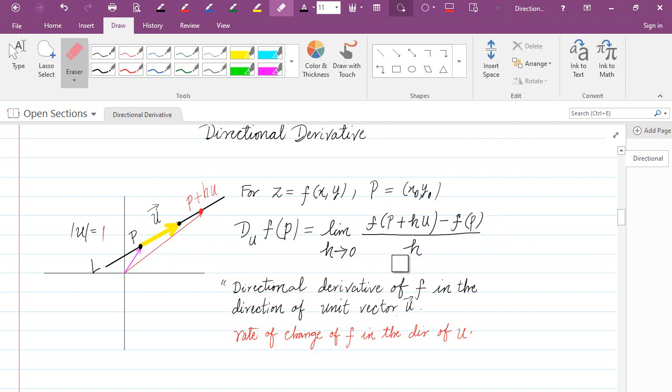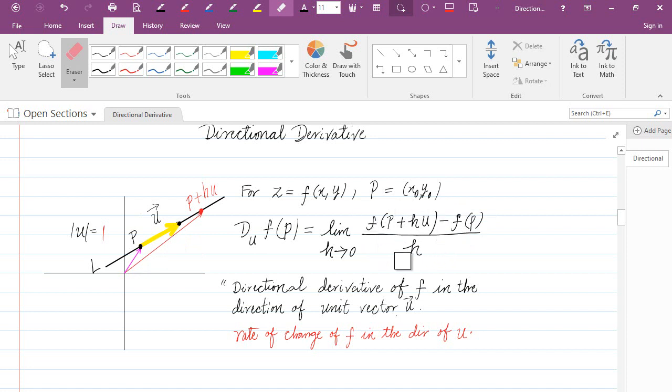And h is the amount of change in the input as we change the input from P to P plus hu. So h is the amount of change in the input in the direction of u. So this is the change in f divided by the change in the input.